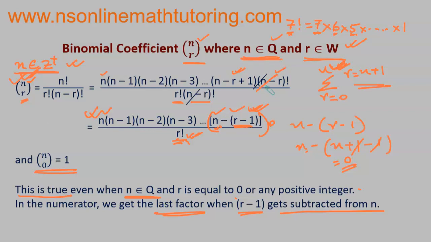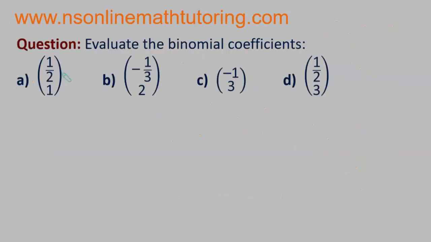So now let us do a few questions on how to expand NCR when n belongs to the set of rational numbers. This is a single question containing 4 subparts. Evaluate the binomial coefficients. Each of them is equivalent to NCR, and for each of them the upper number is n, so n belongs to the set of rational numbers.